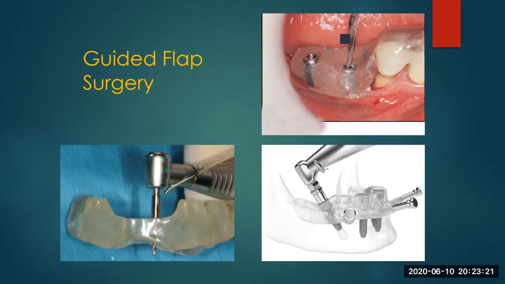You can use a manual method in which you take an impression for the patient and use the surgical stent, and you can locate the exact position of the dental implant according to the occlusal relationship with the opposing teeth.